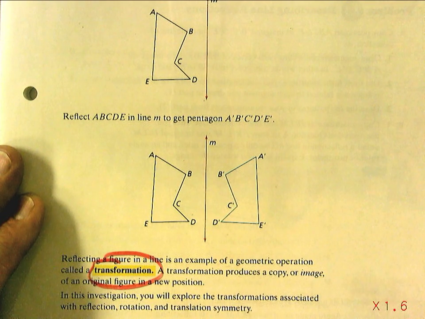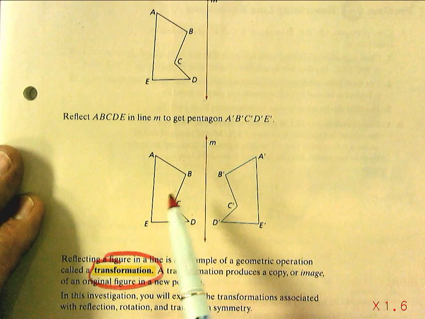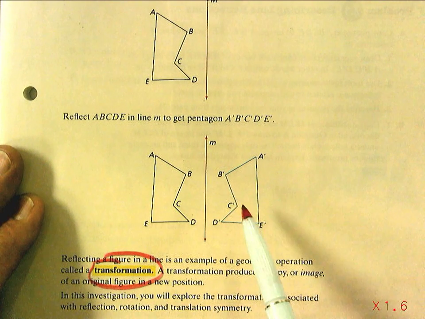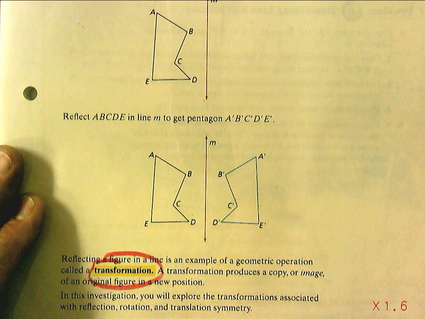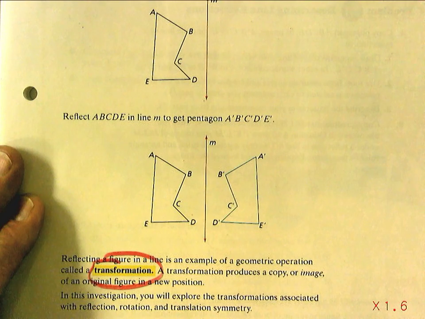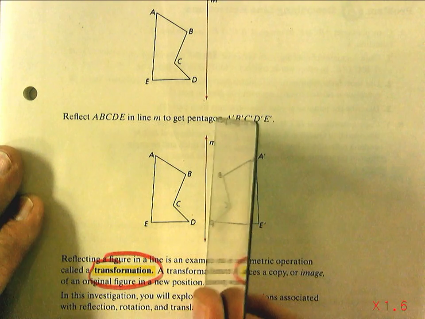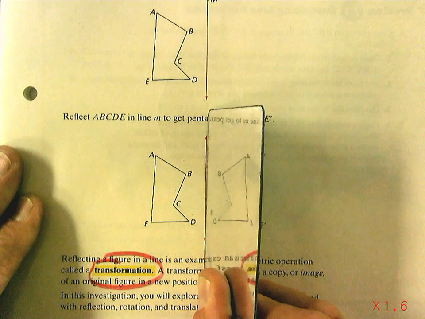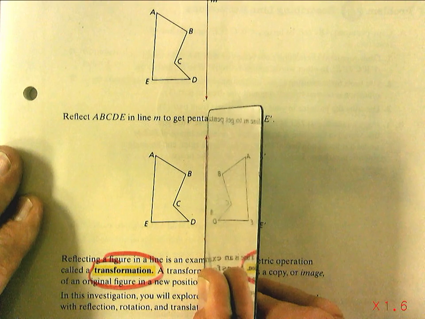So we take the original image and we basically reflect it. Like if we were using a mirror, we would see it on both sides of the line, and so our reflected image would be seen just as it is, using the line M as a line of reflection. So you can see the original and then the new image reflected.